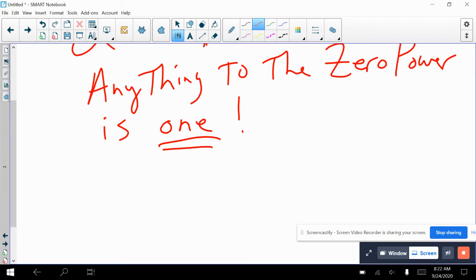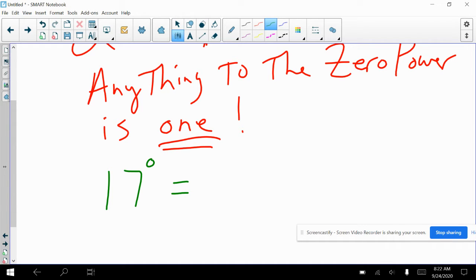This is, for some odd reason, the harder of the two, because sometimes we'll do this and you'll put 17 or somebody will put 0. Okay. Anything to the 0 power is 1. So far, so good? Yes? All right. I don't think we need to do a ton of examples there.